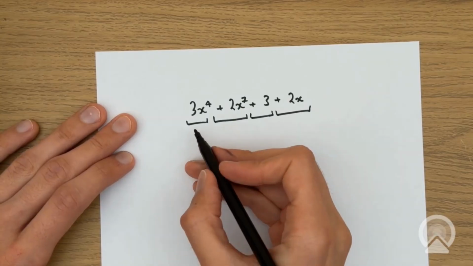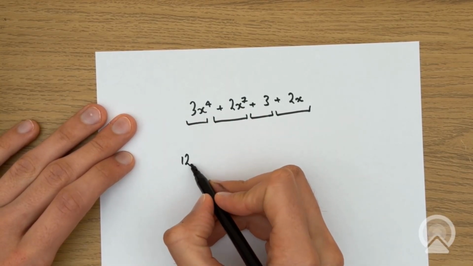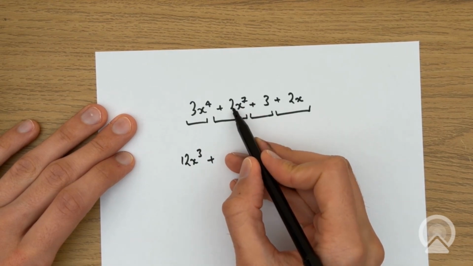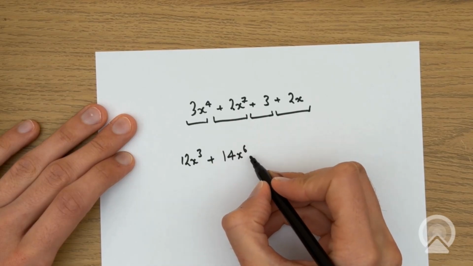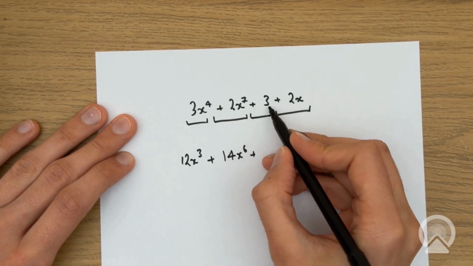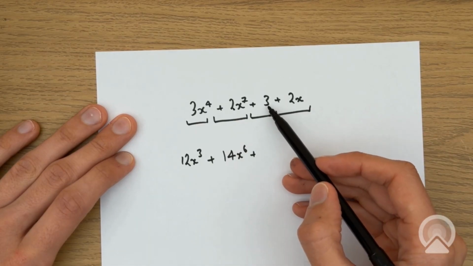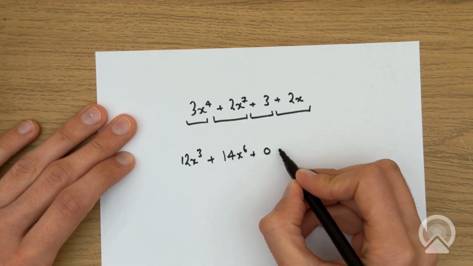So what we'd start with here is we bring this 4 down in this term, and we get 12x cubed plus, bring the 7 down here, so that's 14x reduced by 1 to the power of 6, plus, now this is a constant, so the constant rule says that if you differentiate a constant, it just becomes 0.